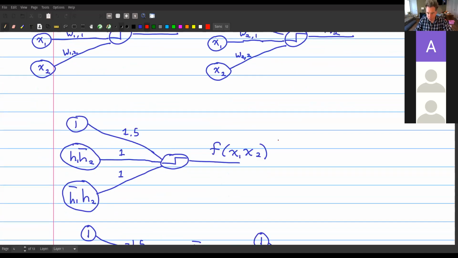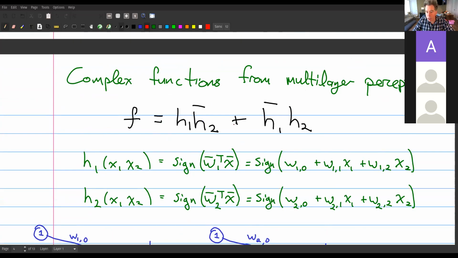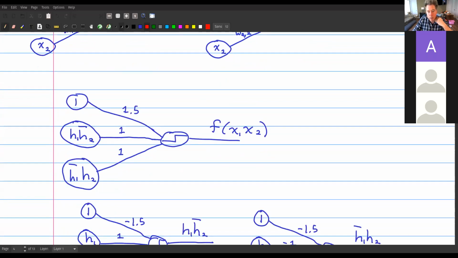And so now we can start sketching in the rest. So F is supposed to be the exclusive OR. The exclusive OR is just the plain OR. So this plus is just regular OR. And remember 1.5 is what we put here to do logical OR. So what we have here is just OR. It's just that we're assuming that the input on this wire is H1 and not H2, and the input on this wire is not H1 and H2.